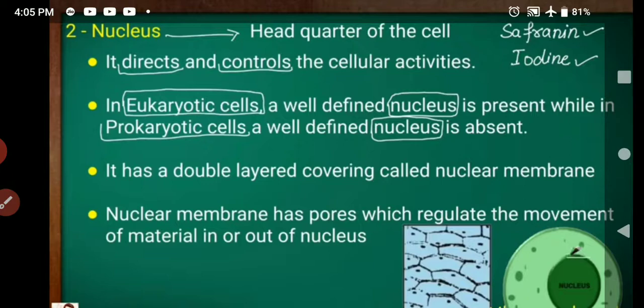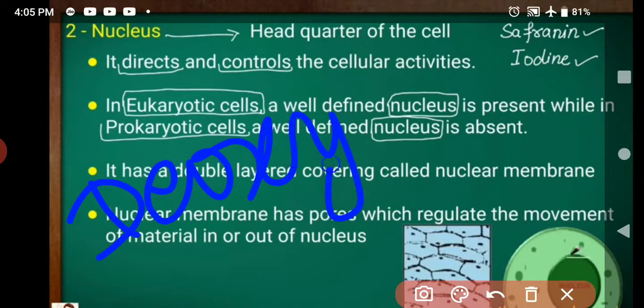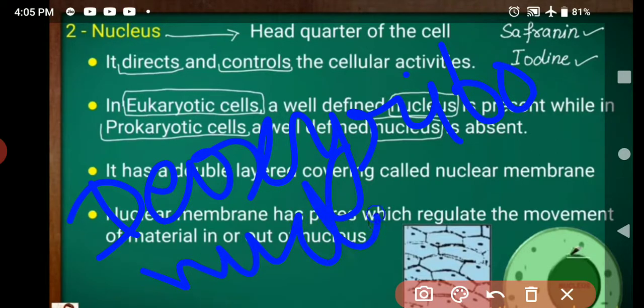And what is the full form of DNA? Deoxyribonucleic acid. You should know the full form of DNA, deoxyribonucleic acid.